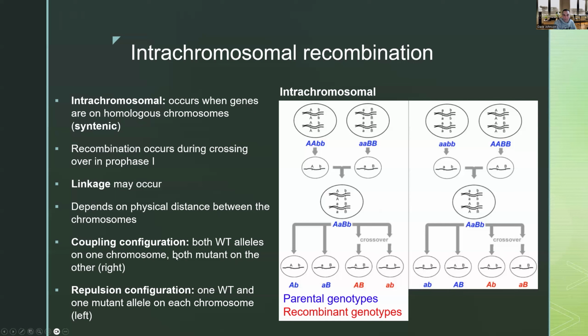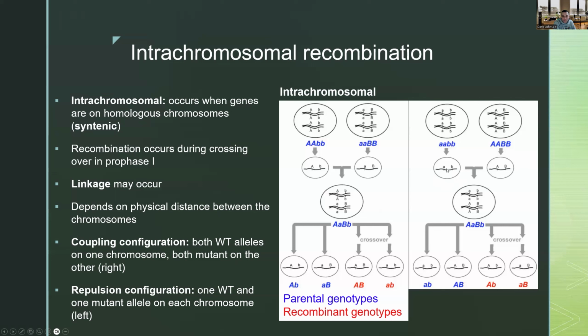If we end up with what we usually determine as the wild type allele, in this case, just let it be the capital letters. Let it be the dominant alleles. If both dominant alleles are together on one chromosome, and both non-wild type or recessive are together on the other chromosome, we call that the coupling configuration. So if you look over here, this is what coupling configuration looks like.